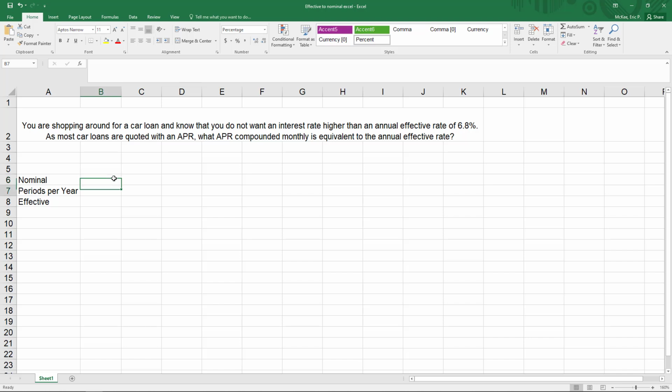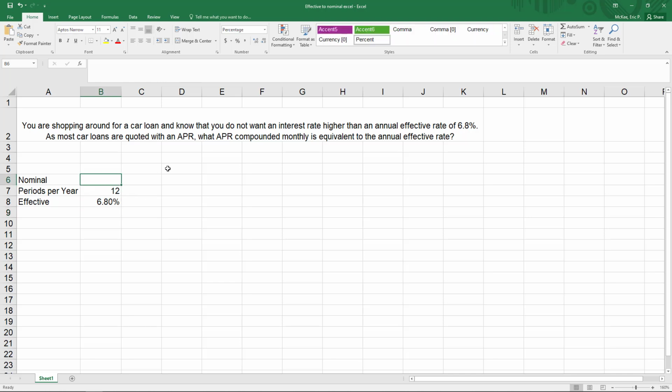B6 will be left blank. B7 stands for our periods per year. We're looking for an APR compounded monthly, and there are 12 months per year, so this is going to be 12. Effective is our effective rate. We are given that the effective rate is 6.8%, so we're going to put in 0.068.